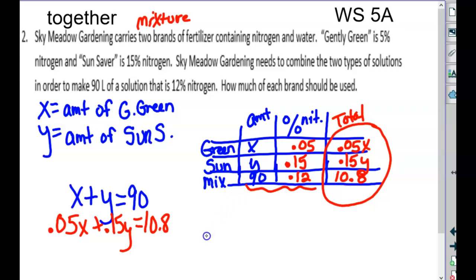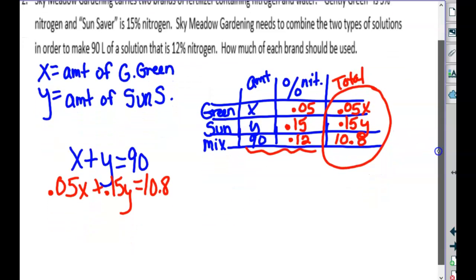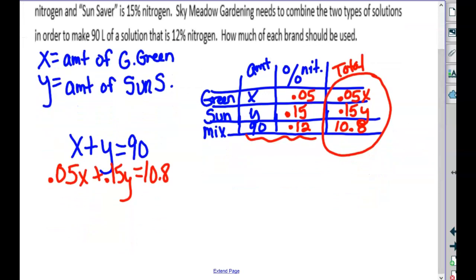All right, could we solve? I think you have to solve eventually. Do you want to do substitution or do you want to do elimination?